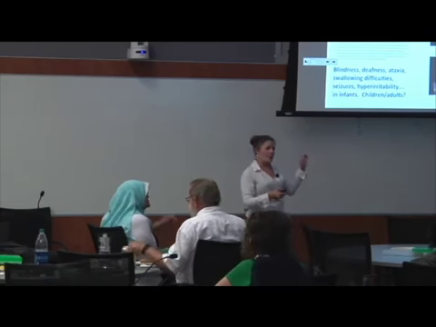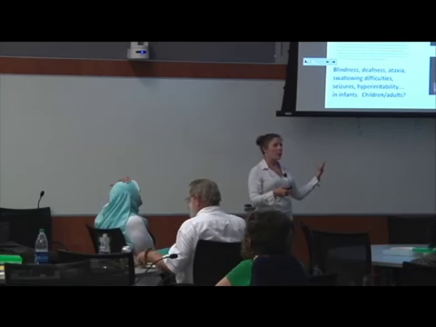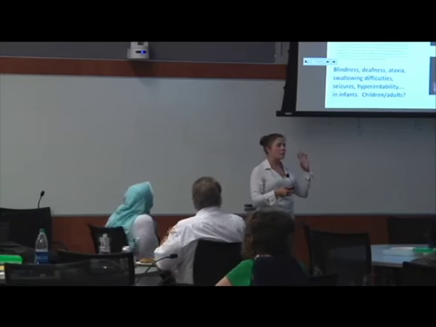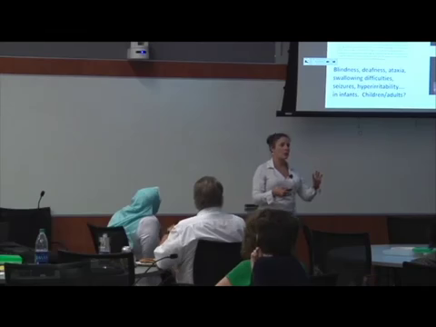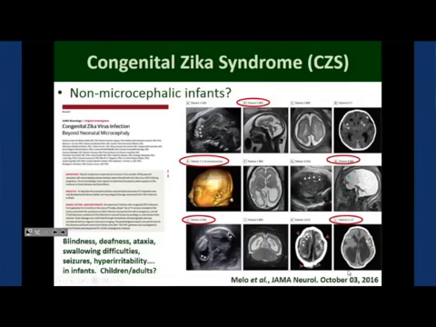So what you're seeing here is brain imaging of infants born to Zika-infected mothers. Importantly, all these ones circled in red, these were infants that had head circumferences within normal limits.